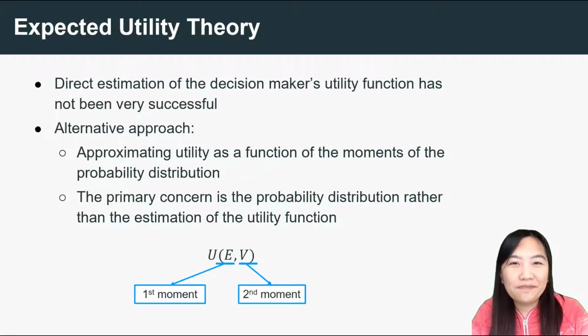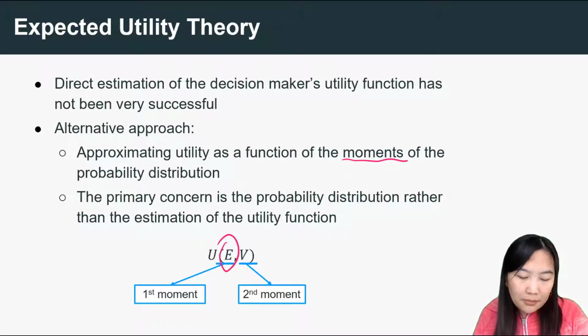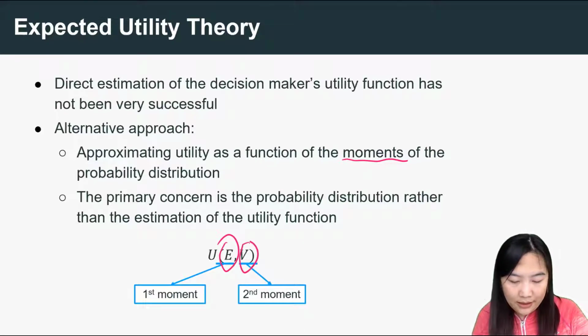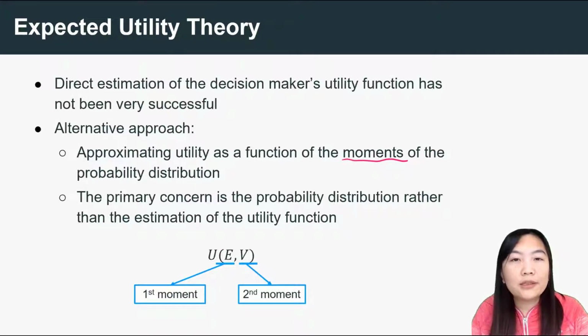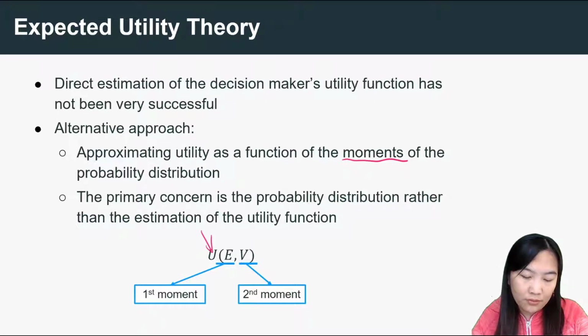If you still remember from statistics, or maybe they didn't introduce this concept, generally the mean is the first moment and the variance is the second moment, and there are the third and fourth moments depending on the distribution that you choose. Once we do that, the concern is the probability distribution rather than the utility function form.